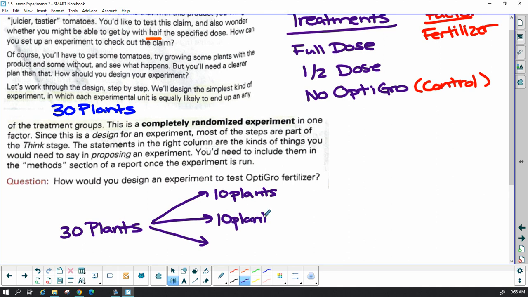So my control comes with the 3 treatments and how much fertilizer they get. Randomization comes with randomly assigning these 30 plants to three different treatments. So each one of them is equally as likely to be getting a full dose, a half dose, or none. And then my replication comes in the fact that I have 10 plants in each group, so I've replicated each treatment 10 times.